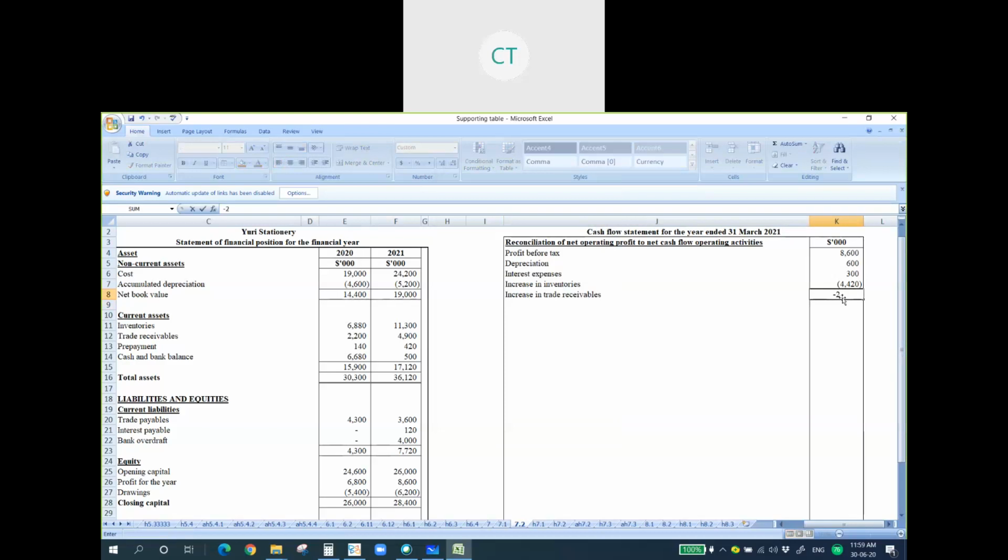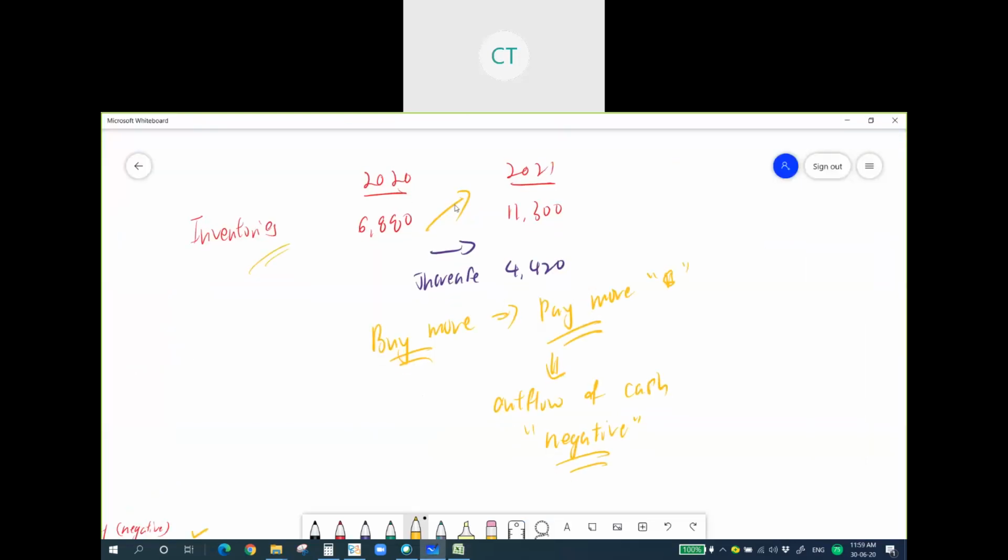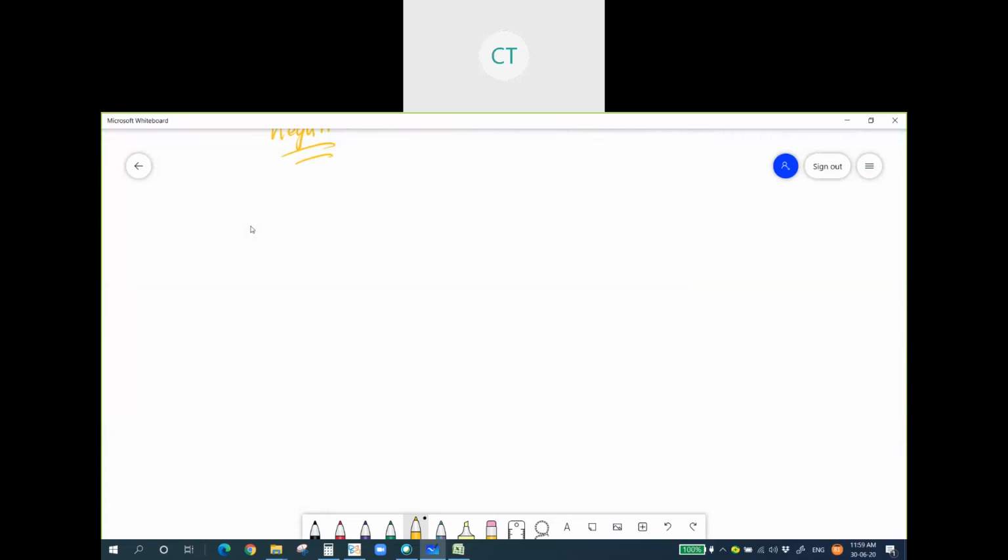So let me explain this to you. So we have 2020, 2021. So this is your trade receivables. So from this comparison, we know that your trade receivables increased 2,700.